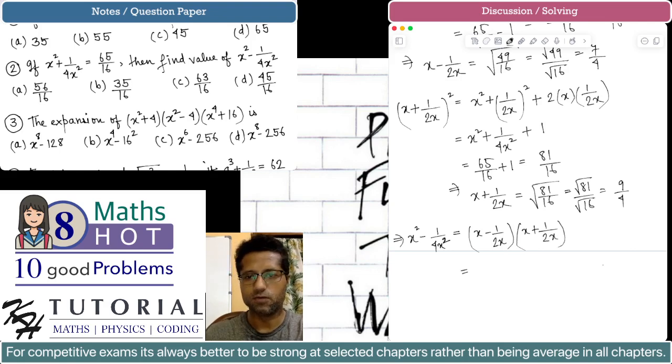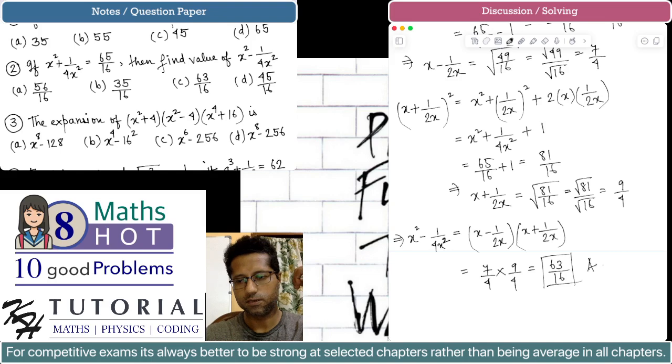So this is equal to 7 by 4 multiplied by 9 by 4, which is equal to 63 by 16. So the correct choice is C.